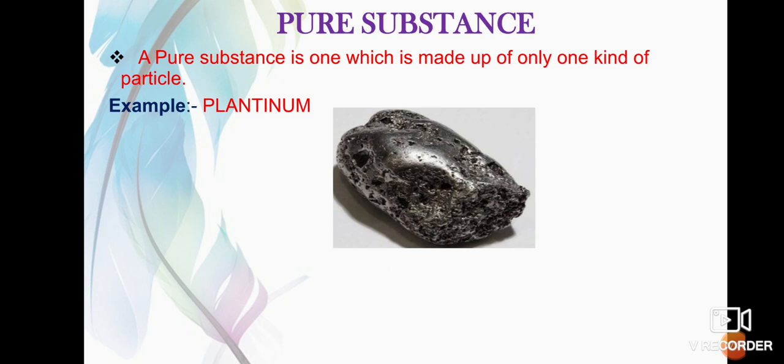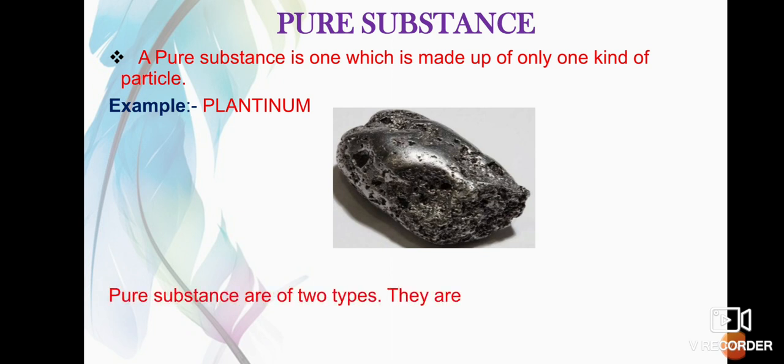Platinum, you see, appears like this. It is made by only platinum, like gold, or you can take copper. The thing, object or substance which is made by only one element, we can call a pure substance.